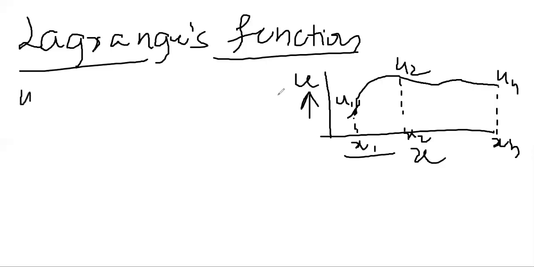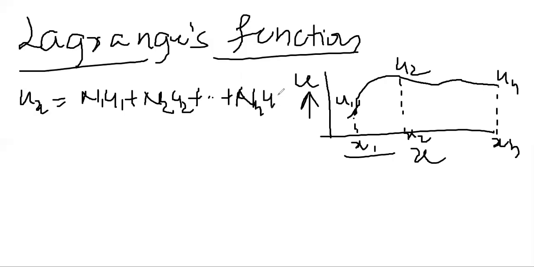Now u of x is equal to N1 u1 plus N2 u2 plus so on, Nn un. This is equation 1, where N1 to Nn are the shape functions.